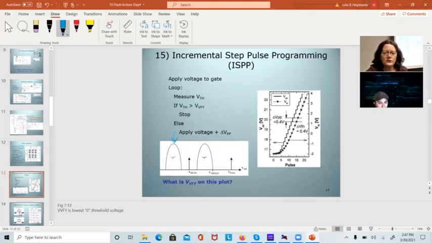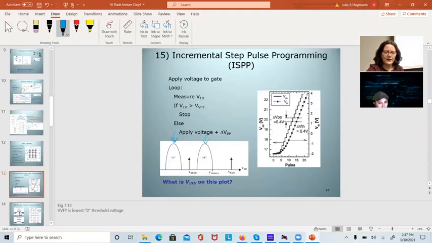And I want to turn some of them into cells that have a 0 on them. I could just have tried to apply the same voltage for the same amount of time to every single cell in the array and hope it works. But this is more reliable because the different devices actually need different voltages to program correctly.